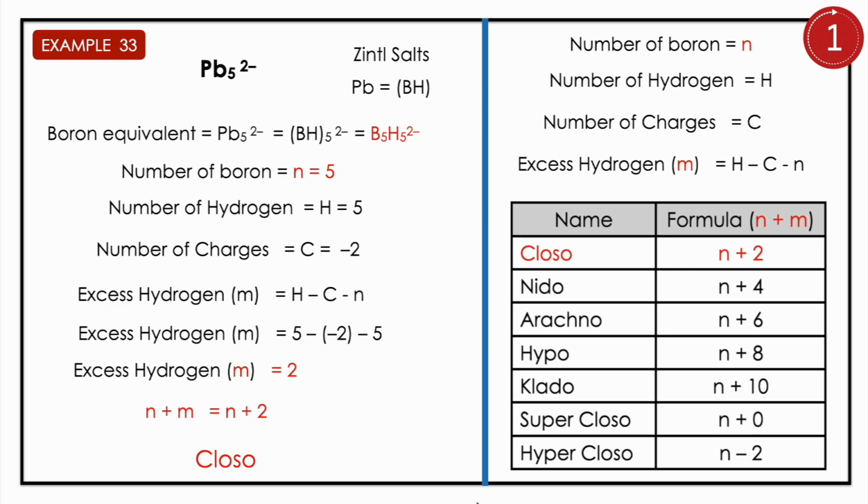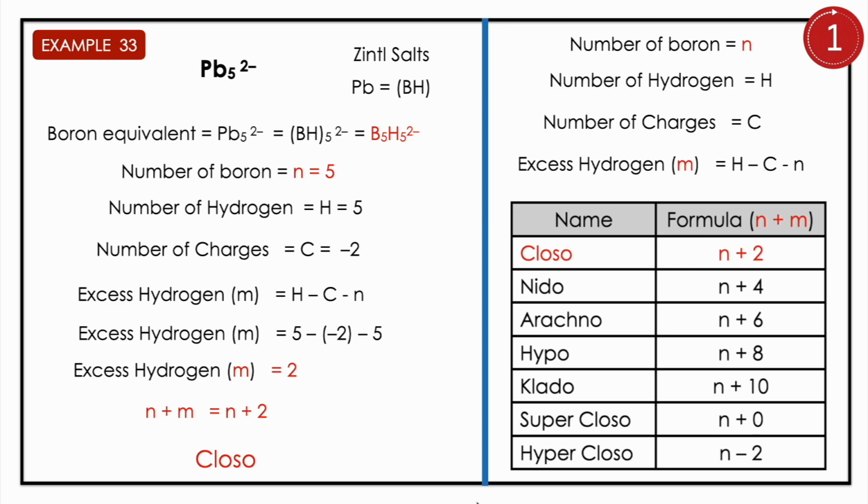So we should write the boron equivalent to apply Wade's rule. Lead is in the carbon series, so technically a 3 plus 1 system. So let this equal BH. If you substitute BH for lead, the structure will be BH5 2 minus, which equals B5H5 2 minus.